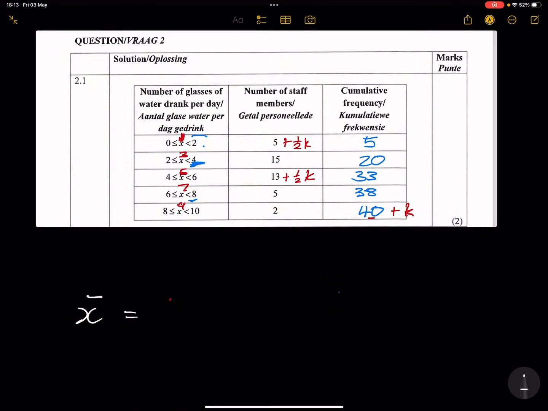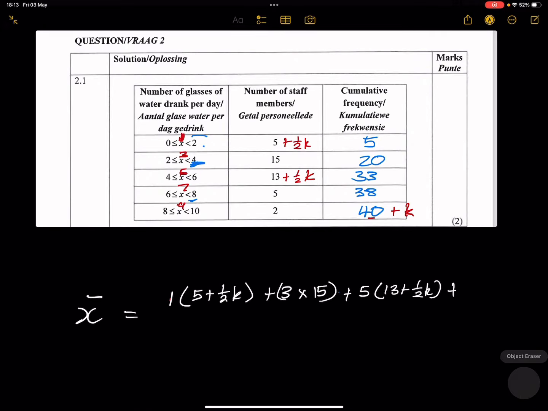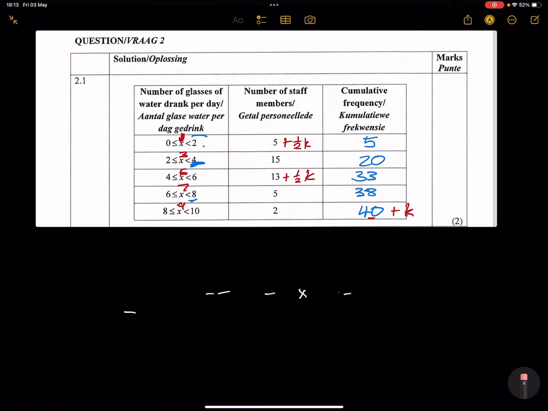So that's 1 multiplied by 5 plus half k, plus 3 times 15, plus we've got 5 times 13 plus half k again. I have to try and fit all of these values into one line, so allow me to make a little bit of space here.